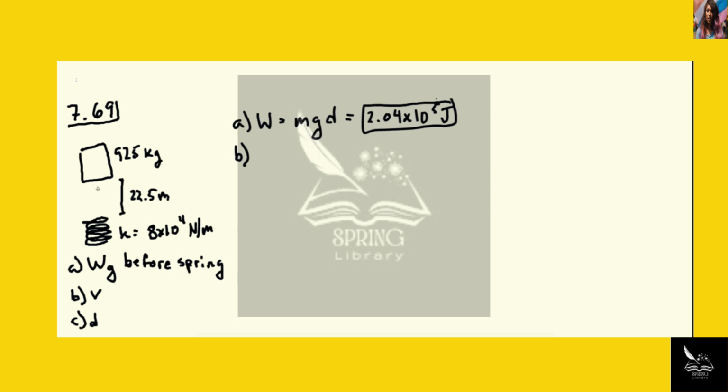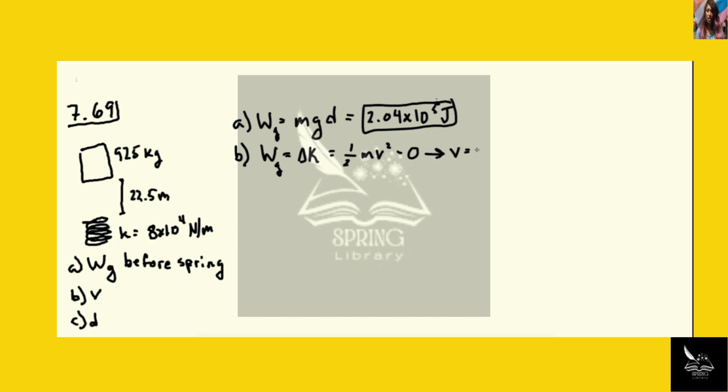Because gravity is the only force doing any work on the car until it hits the spring, the work done by gravity is equal to the change in kinetic energy, and since it's starting from rest, it's 1/2 mv squared minus 0.